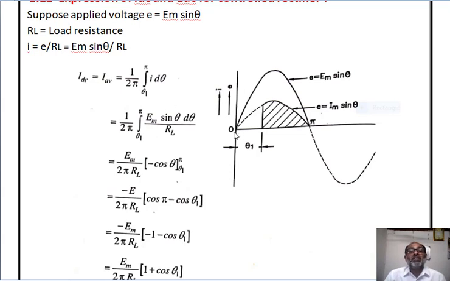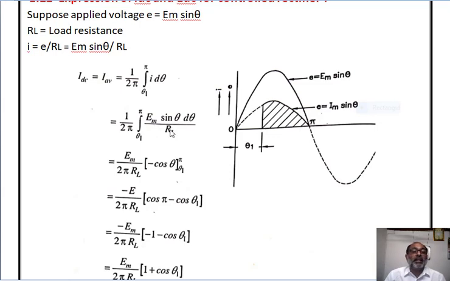So now the total base is 2π, and the area covered is the integration from θ1 to π. Here θ1 is the lower limit and π is the upper limit, of i dθ. So we can write 1 upon 2π, integration from θ1 to π, put i is equal to Em sin θ divided by RL into dθ.